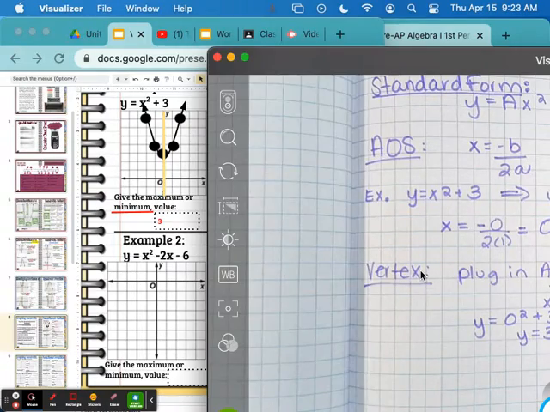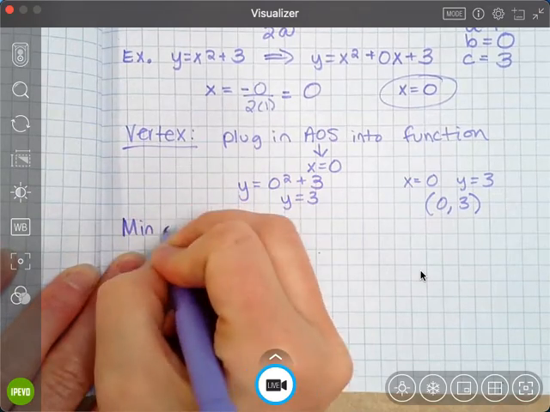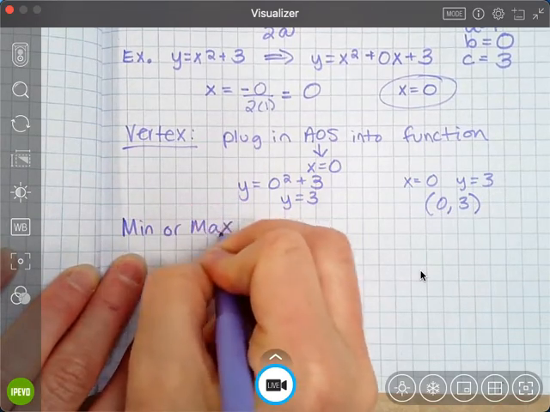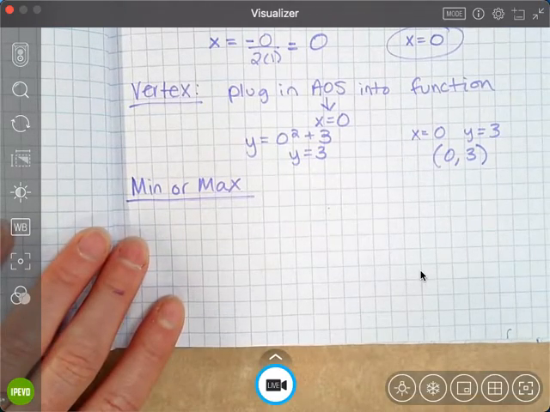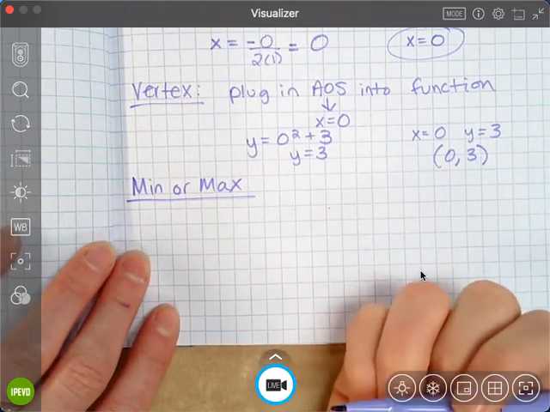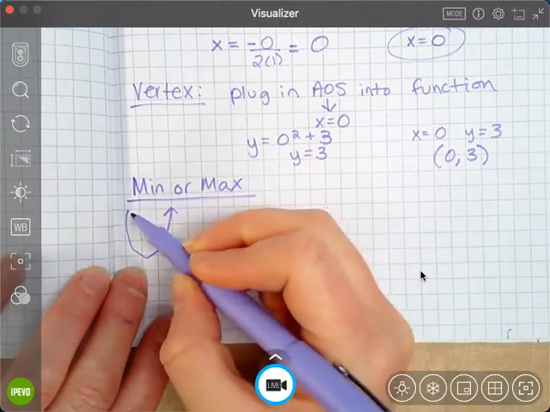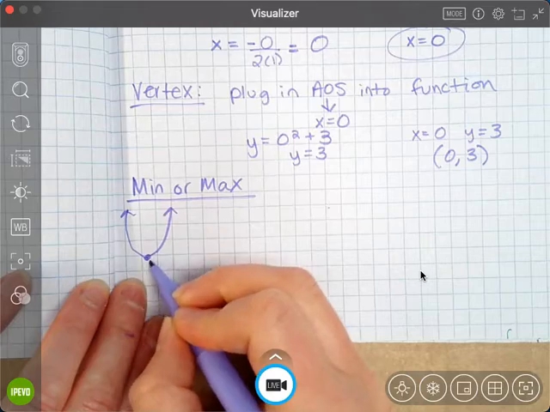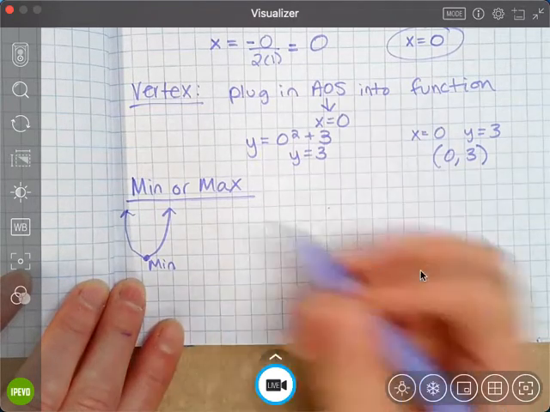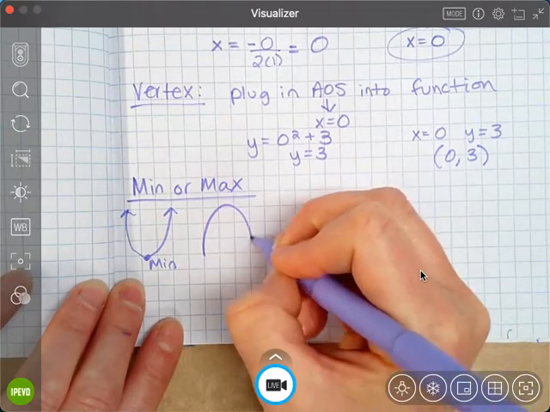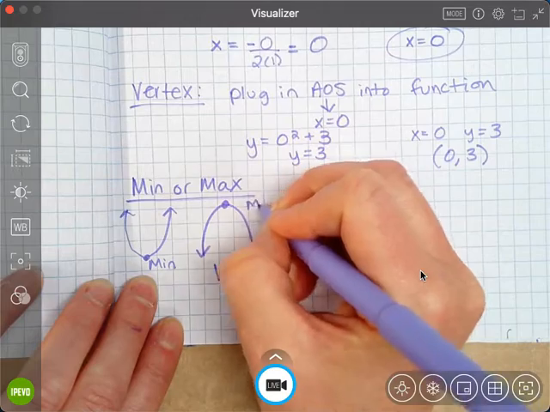So over here, I do want us to write min or max. If our parabola is upward, like this, we have a minimum here. If our parabola is downward, then we have a maximum here.